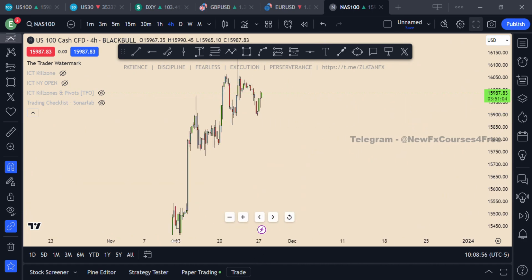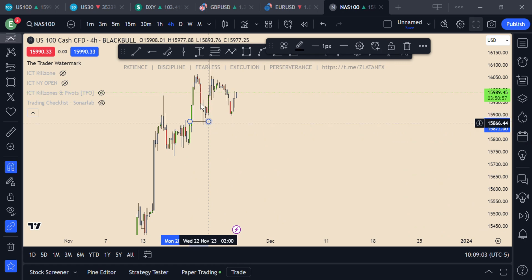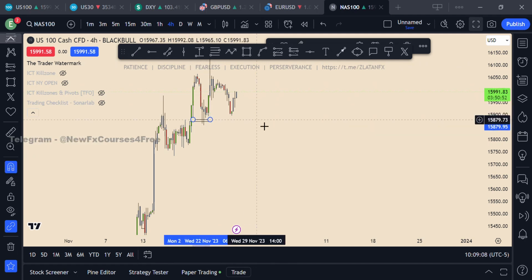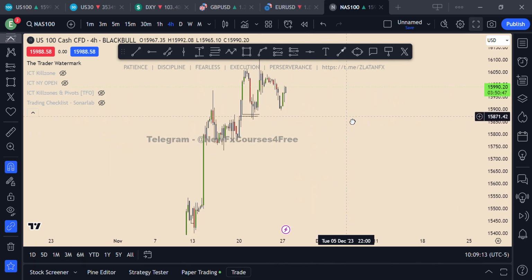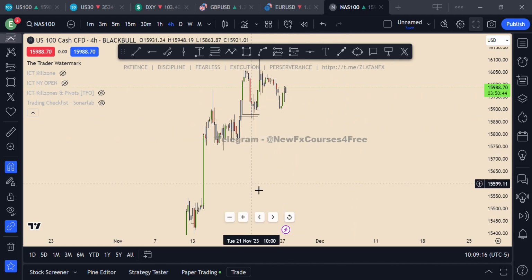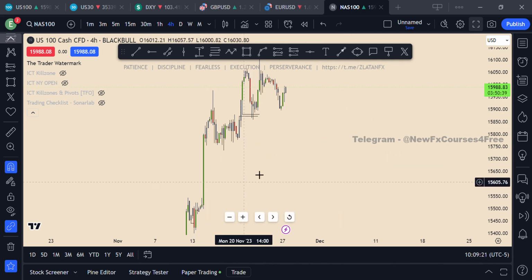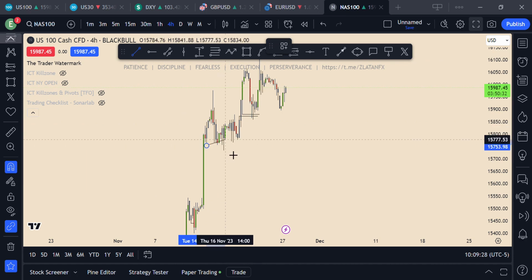So now I want to take a look at this area where we tapped into this fair value gap right here, and I will also take a look at this one right here when we tapped into this big fair value gap, right? When we stretch this low, although it looks noisy, this is like accumulation there.